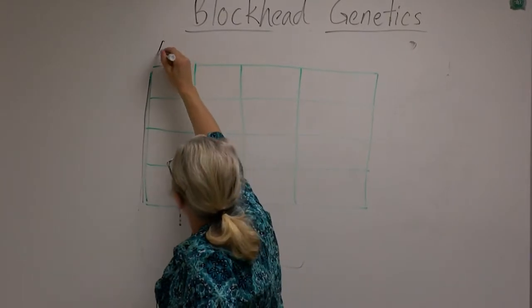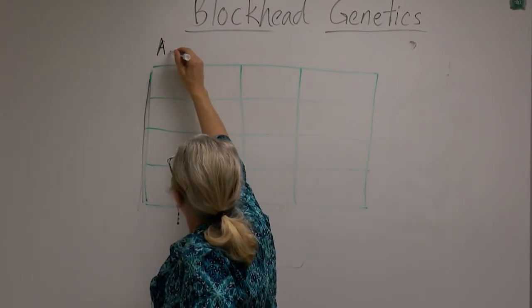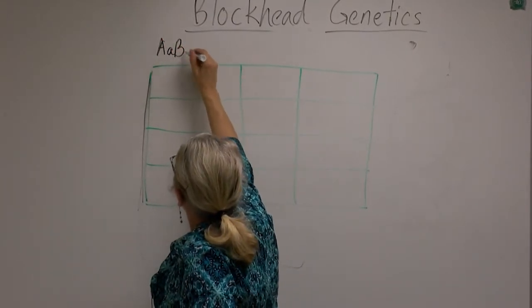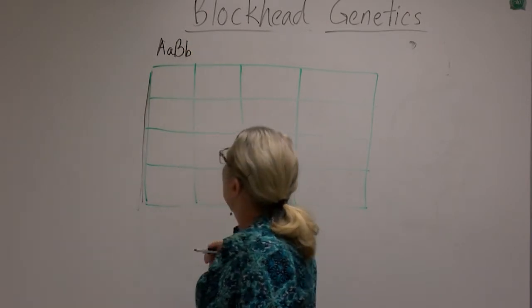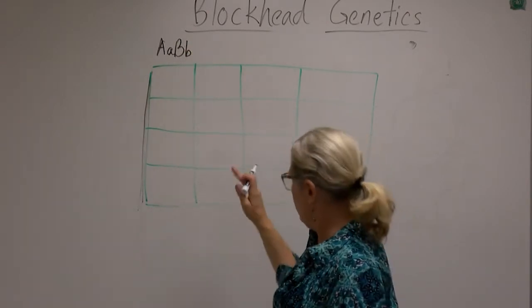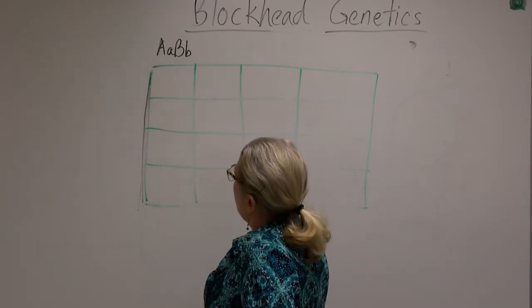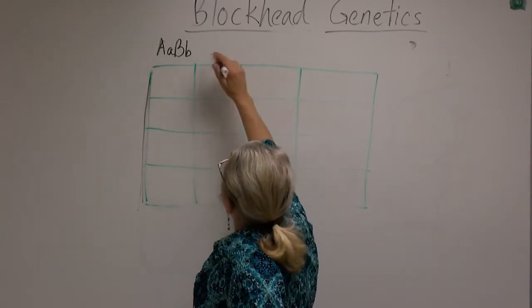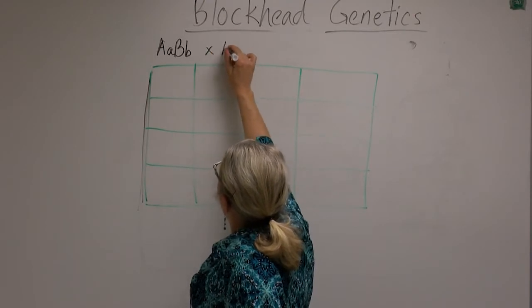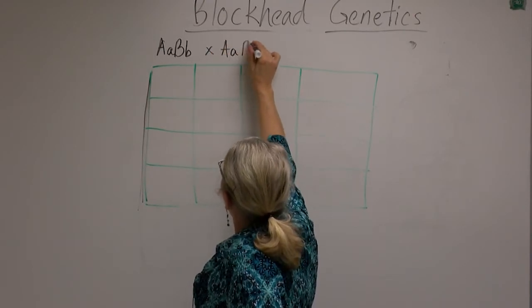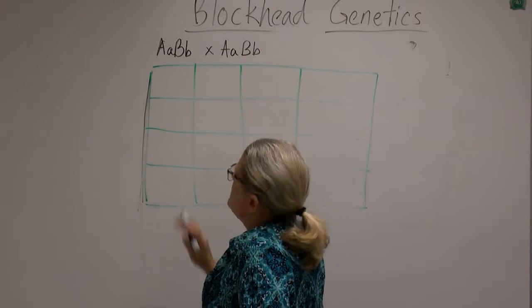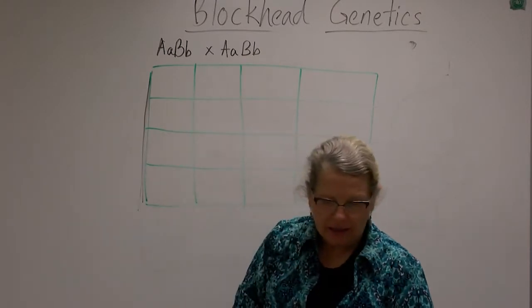Okay? So the parents each have big A, little a, big B, little b. Okay? So we're going to cross a big A, little a, big B, little b by a big A, little a, big B, little b. This is not sex-linked or anything.